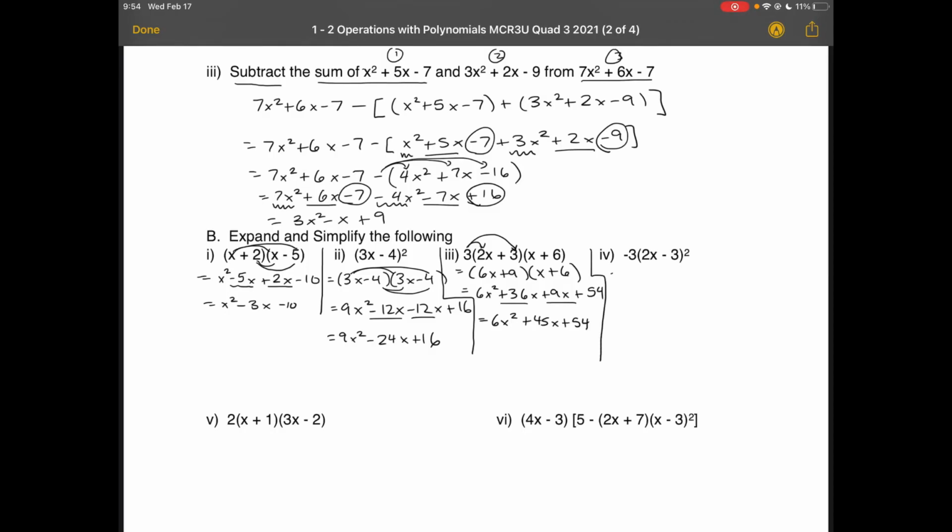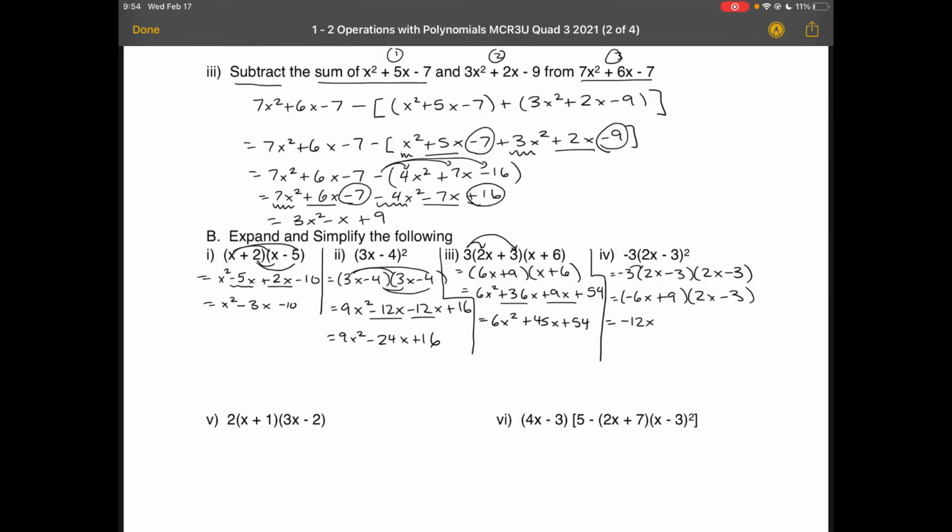Another example here. Now I've got my constant and I have my squared bracket. That bracket means 2x minus 3 multiplied by 2x minus 3. I'm going to distribute my negative 3 into the first bracket. And now I have the same situation I did in the previous 3 questions, an example of FOIL.